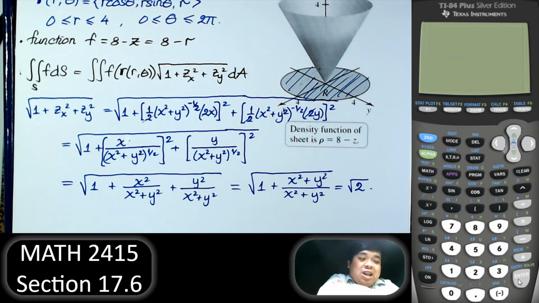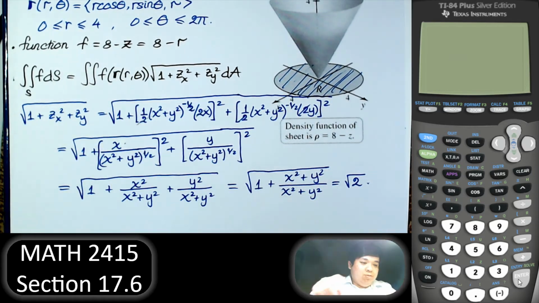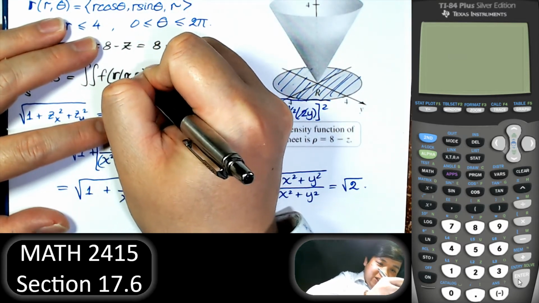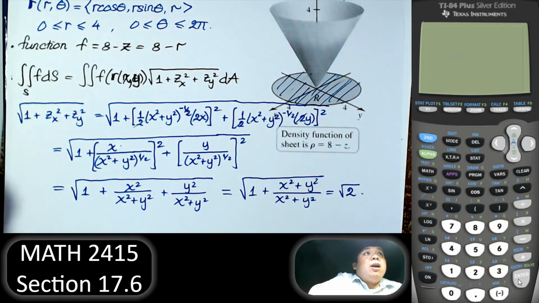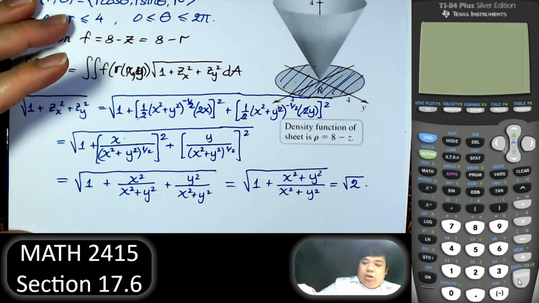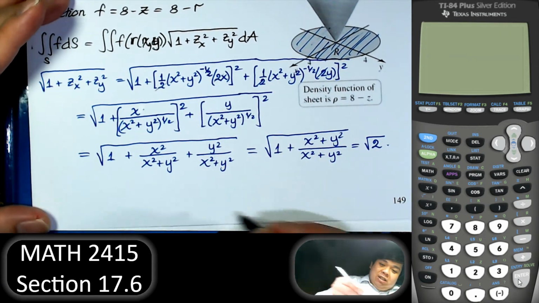Now let's write this down. Oh, I made a mistake here. This will be in terms of x and y, correct? Because everything is supposed to be in terms of x and y. So this should be square root of 2. Let me write this one more time, then you'll see why in a minute.